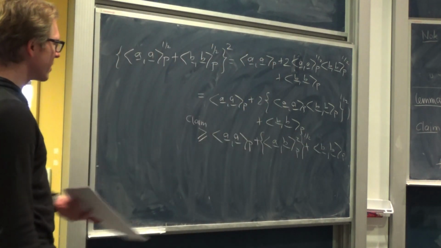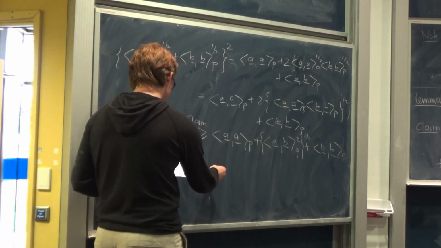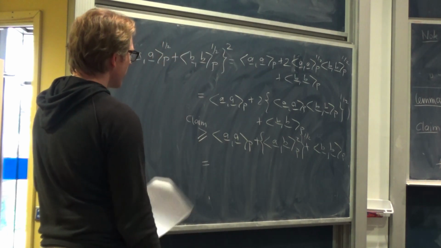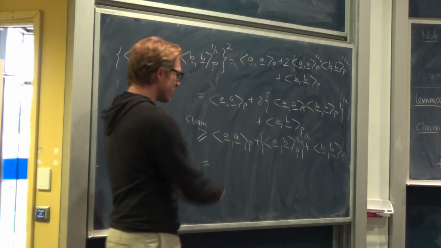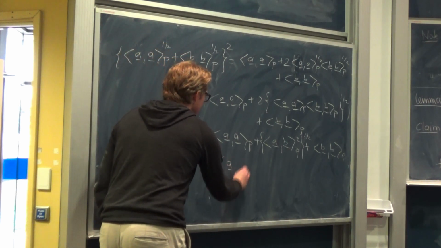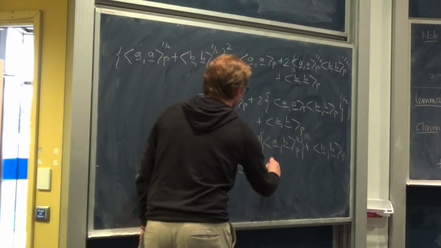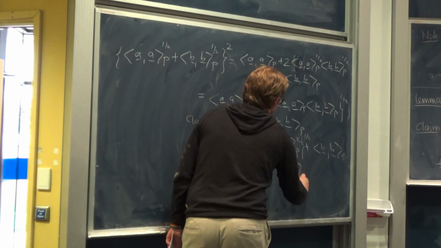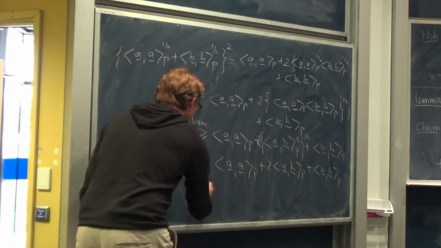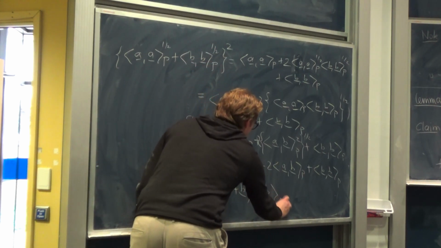Right, so the claim goes inside the square root. Okay, but if I square and square root, that's the absolute value. And then that's greater than or equal to just the value itself, as a 2. Which by linearity is just a plus b.